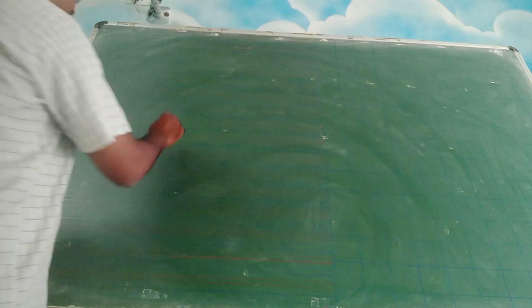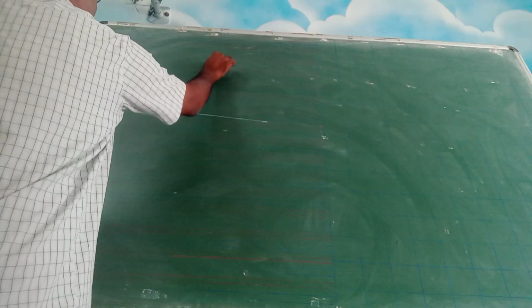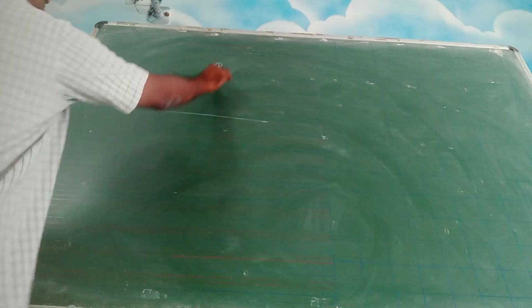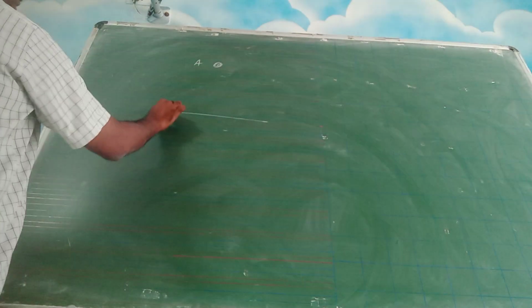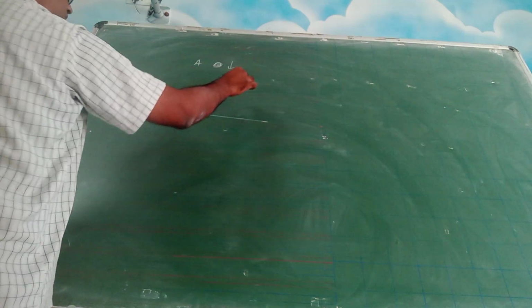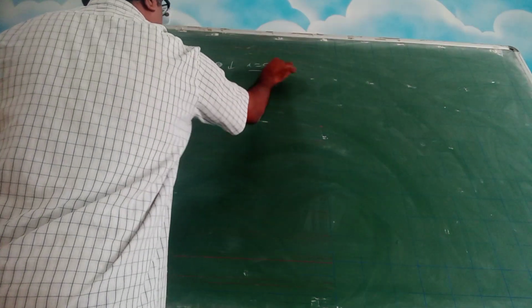Now see here, suppose this is your surface of earth and there is some block at location A. Location B is your surface and it is freely falling. If it is freely falling, the acceleration will be equal to the acceleration due to gravity, right? We are discussing only the magnitude part here.